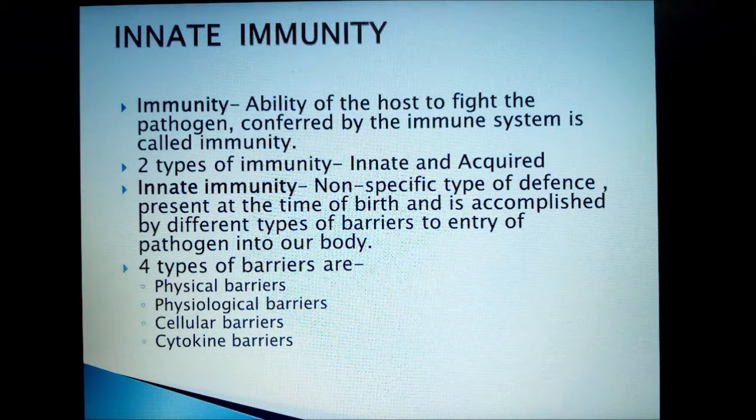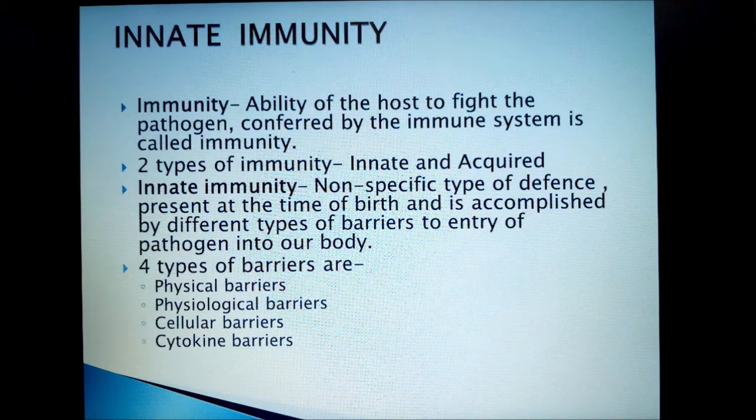There are 4 different types of barriers. With these barriers functioning in our body, we have this innate immunity, which prevents the entry of bacteria or pathogens into our body. Now, the 4 types of barriers are: physical barrier. Skin is the main barrier.